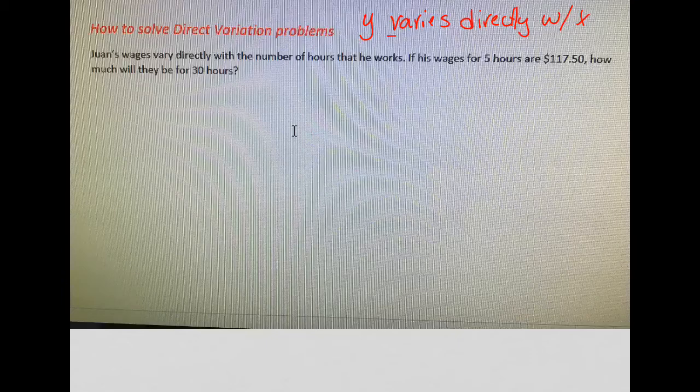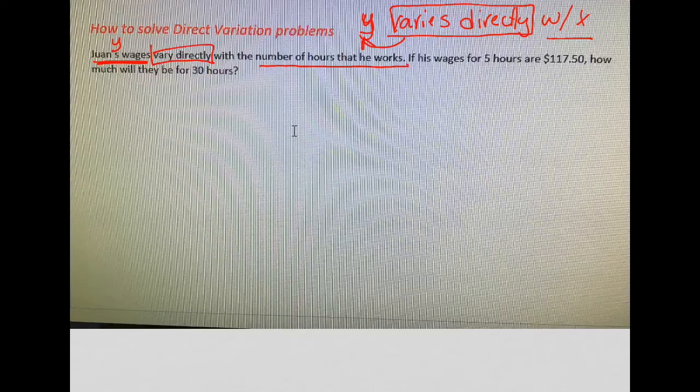So by identifying varies directly in the problem, what comes in front of it, which in this case is Juan's wages, has to be our y. And then what comes after it, the number of hours that he works, has to be x. That's one of the first things that you want to identify. So y is his wages, and x is his number of hours worked.